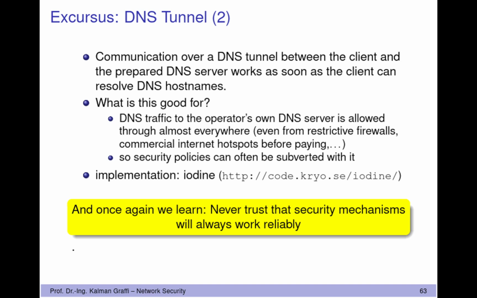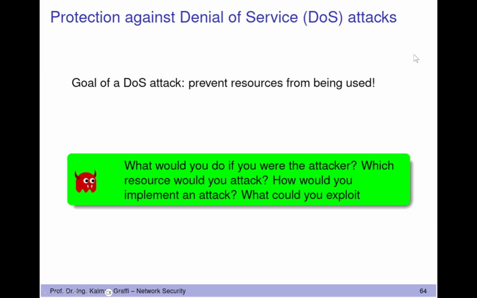Okay, let's look into some other potential attacks on the internet while we are at it. Let's look at very simple denial of service attacks. One of the core security goals: we have authenticity first, confidentiality and integrity. That's mostly focusing on objects, but we have also availability. How is availability defined?